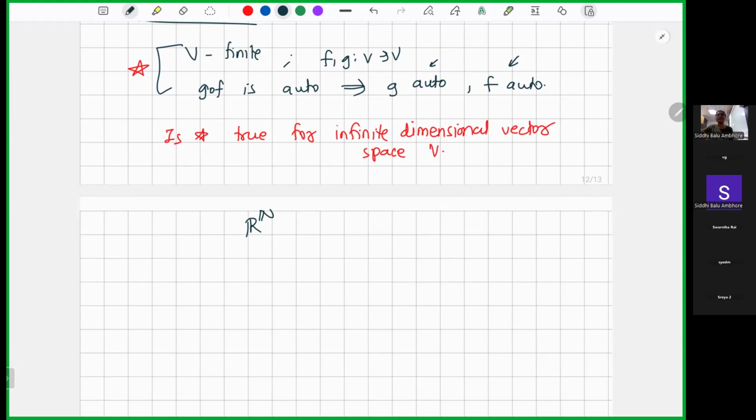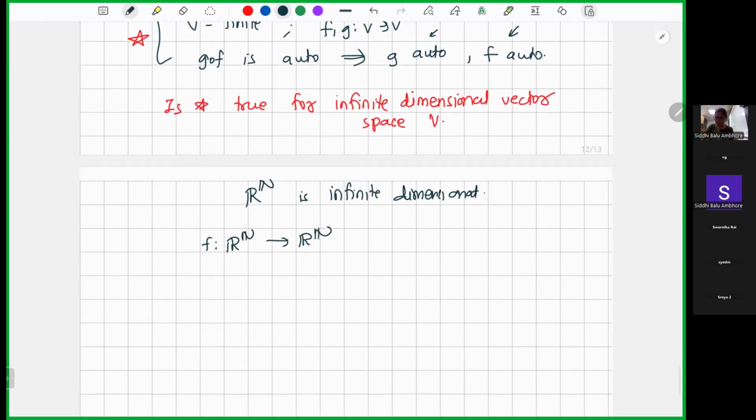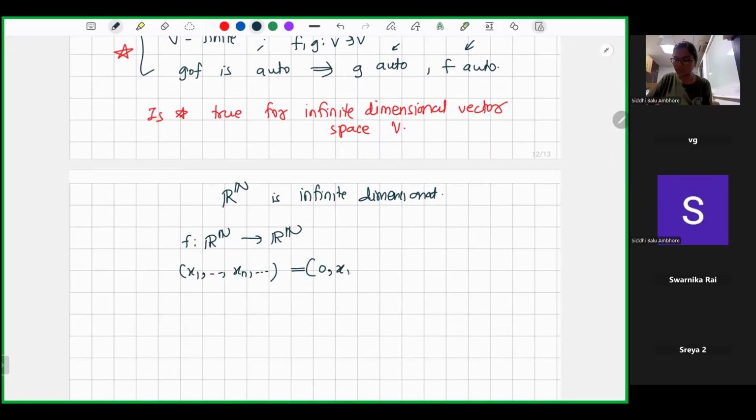This you know, right? It is like infinite coordinates, so it is infinite dimensional. And then I define this F from Rn to Rn such that x1 to xn goes to 0, x1 to xn.